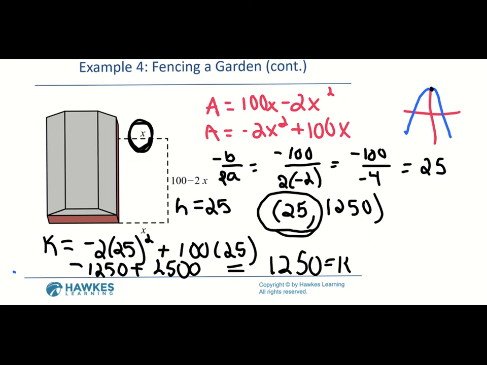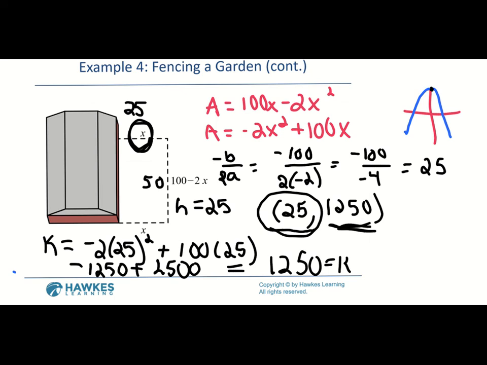And so this would be 25 right here. Now, if we were looking for the width, we just have to plug it in. 2 times 25 is 50, so this would be 50. So 25 times 50. And if you're trying to interpret that 1,250, this is our y value.